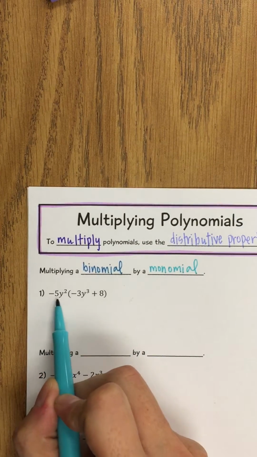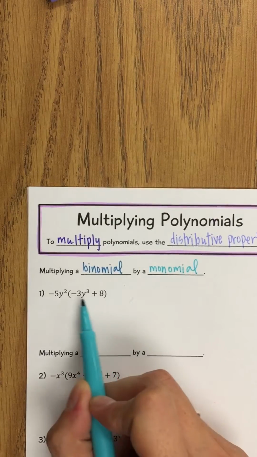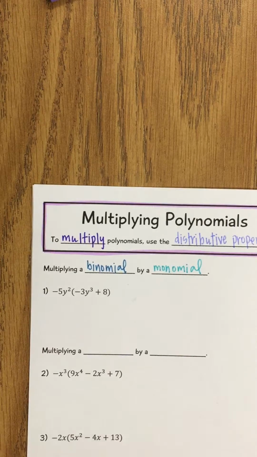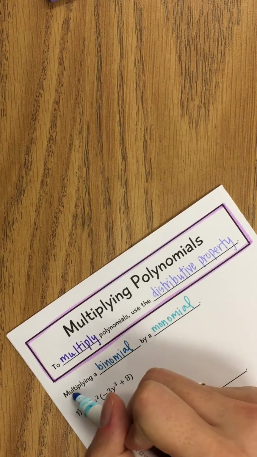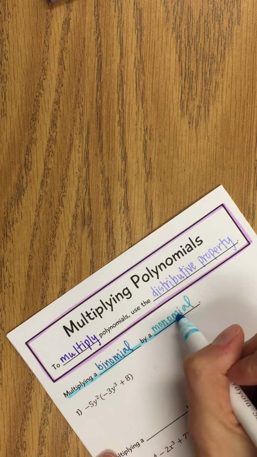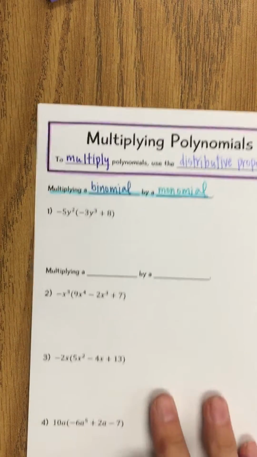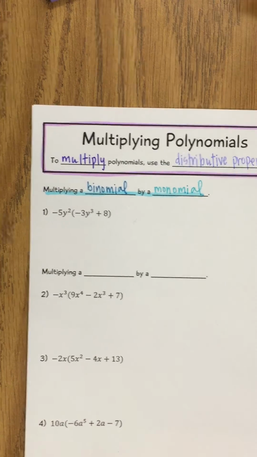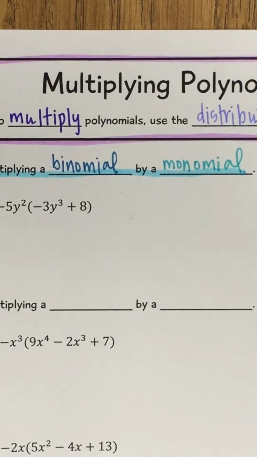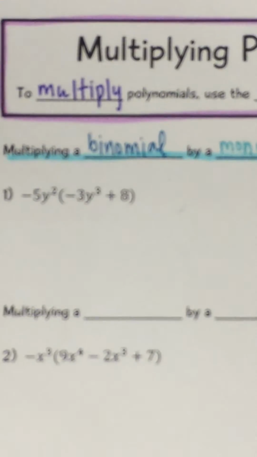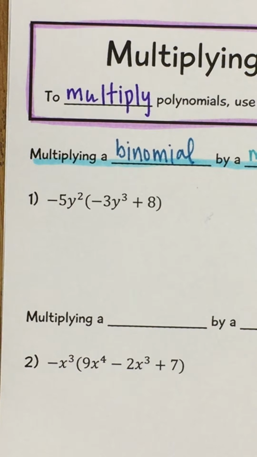So your monomial's right here on the outside, your binomial is inside of the parentheses. Just gonna find my marker and highlight that a bit for myself. And then we'll jump right in on this guy. What I have found as I teach this each year is that it is easy for you guys to do the number multiplication.